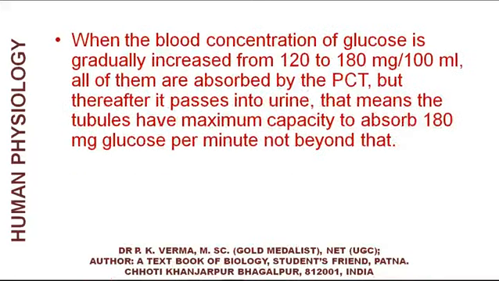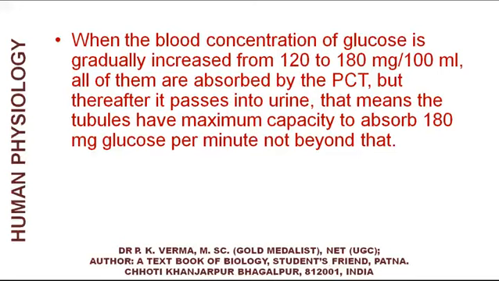When the blood concentration of glucose is gradually increased from 120 to 180 milligram per 100 ml, all of it is absorbed by the proximal convoluted tubule. But thereafter, it passes into urine.